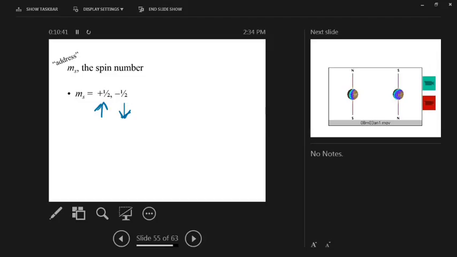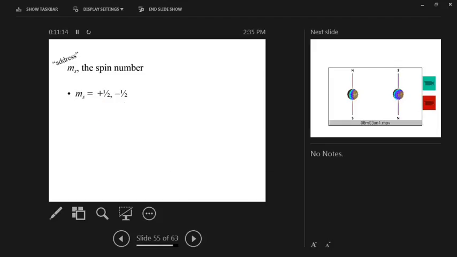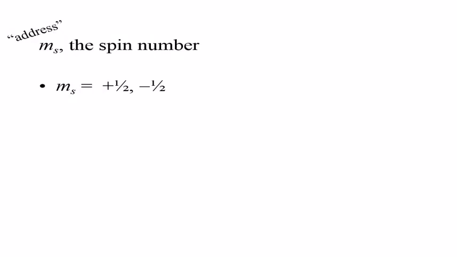I drew it here. It should show up there. Up arrow, down arrow.